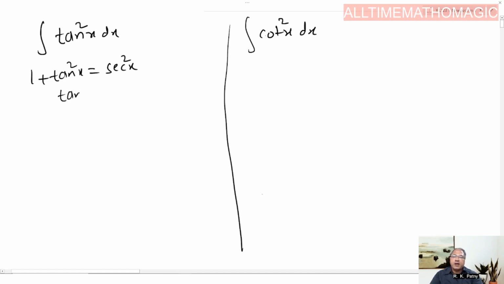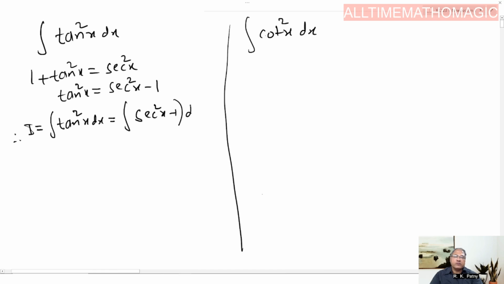Therefore tan square x equals sec square x minus 1. Therefore integration of tan square x with respect to x equals integration of sec square x minus 1 with respect to x. This equals tan x minus x plus c.